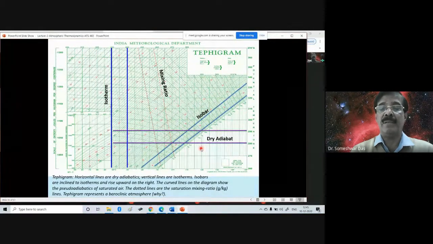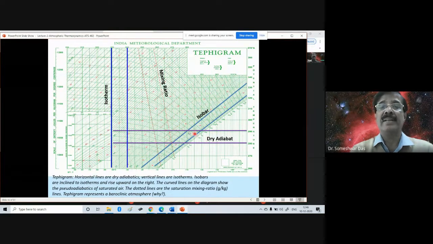So one of the important criteria of thermodynamic diagrams is that the dry adiabats and the isotherms are as widely separated as possible. Here in this case they are perpendicular, at 90 degrees to each other.